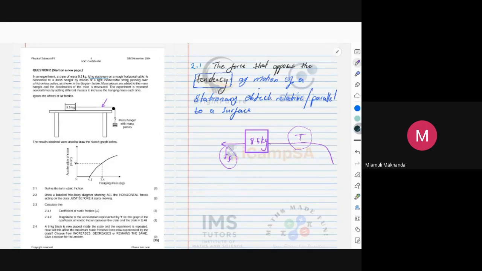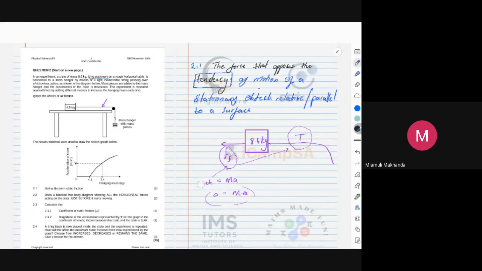So how does this happen? Remember, we have F net equals MA, right? This F net is determined by our static friction in this case and tension, right? So if this side is 0, then you have MA equal to 0, so that means this thing is not going to move.